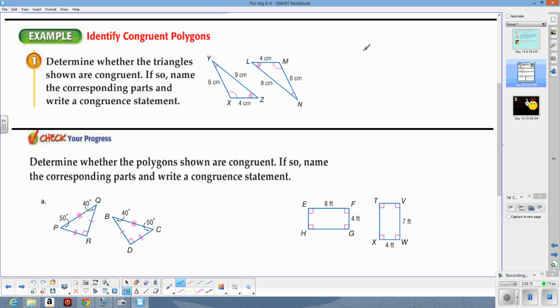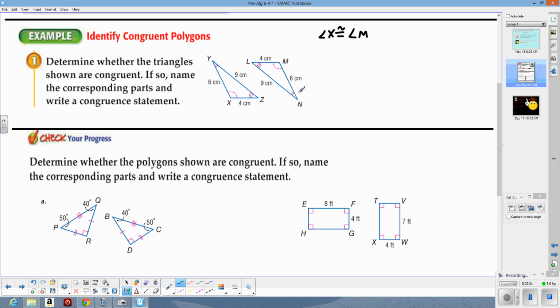Let's start out by first writing down the congruent angles. Angle X is congruent to angle M. This is the longest part of this assignment, writing out all of the congruence statements.